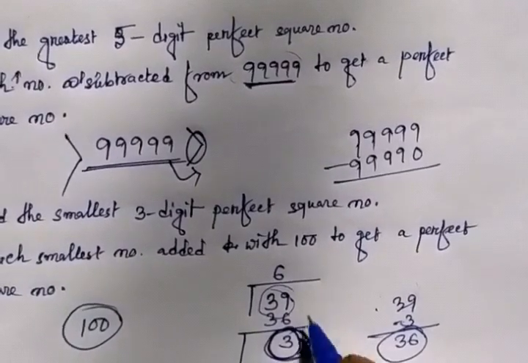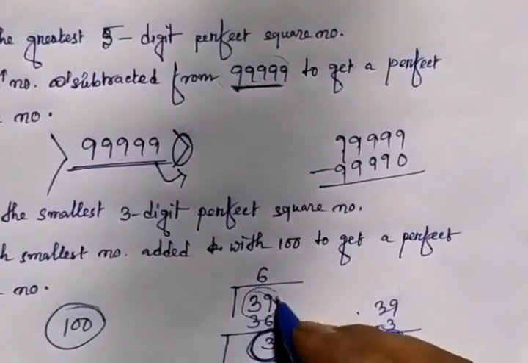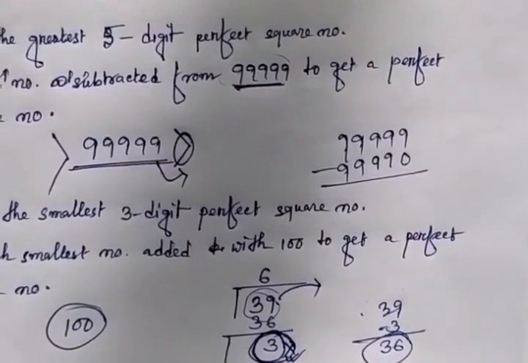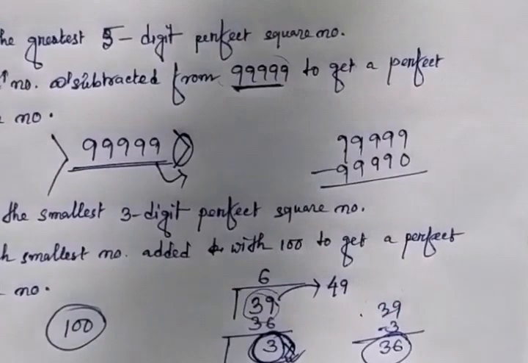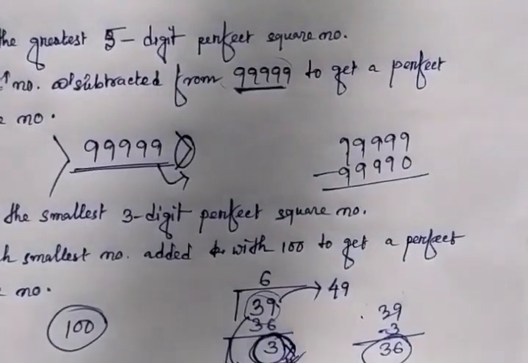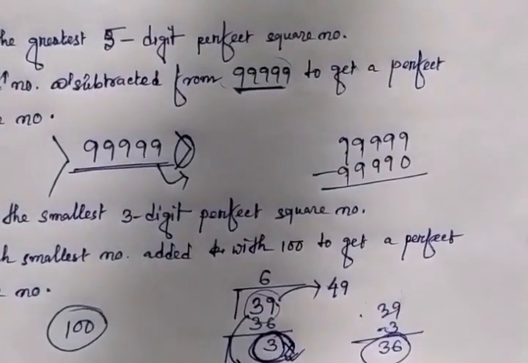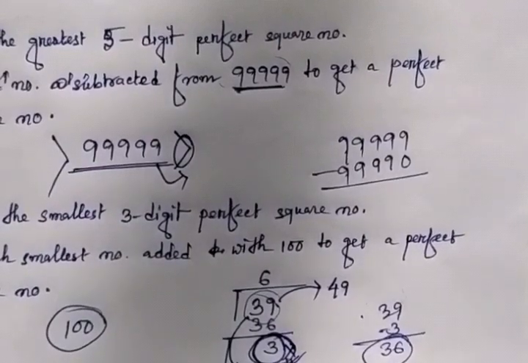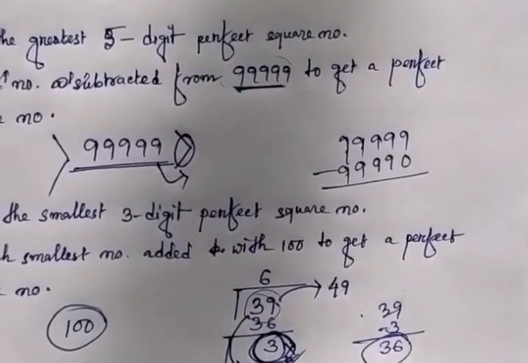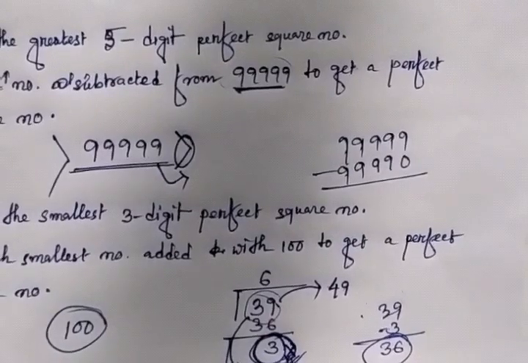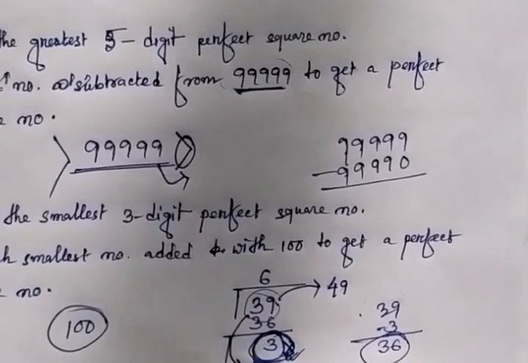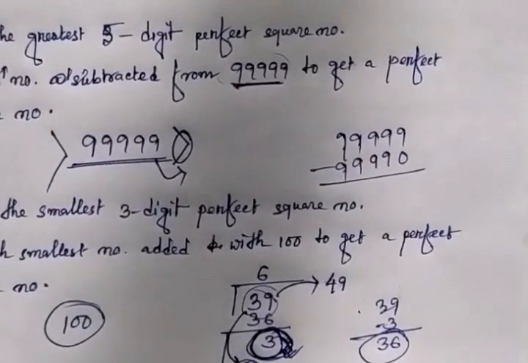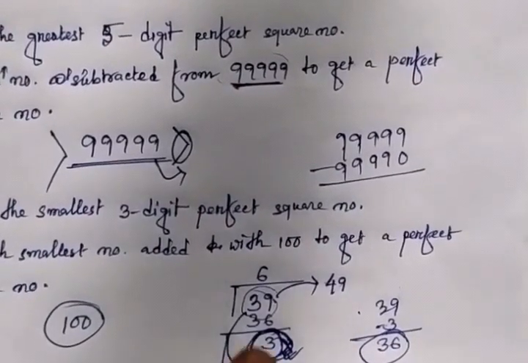And which number added to 39 gives a perfect square number? After 39, the perfect square number is 49, and before 39, the perfect square number is 36. If we subtract 3 from 39, we get 36, a perfect square.